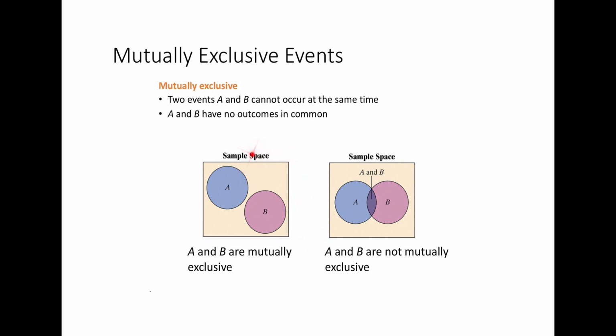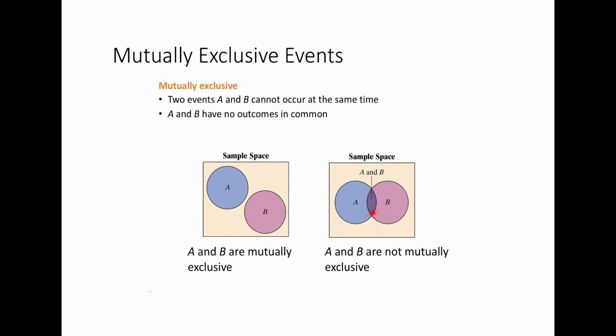So if in our sample space, which remember, sample space is the collection of all possible outcomes, we have two events, A and B. If there is no way for these to successfully occur at the same time, we say they're mutually exclusive. But for some events, depending on how they're defined, it is many times possible for them to occur at the same time.